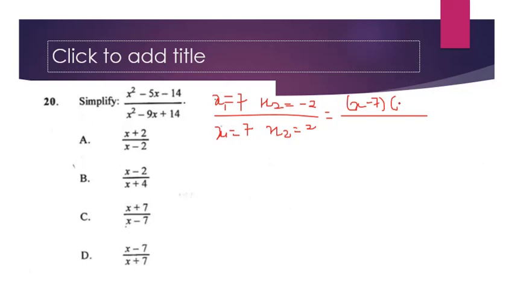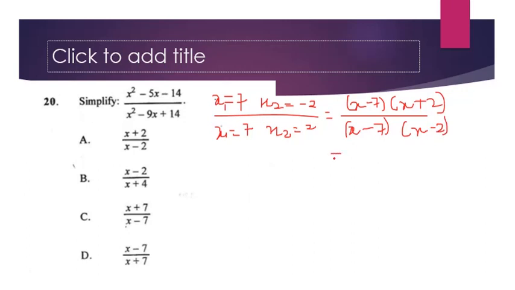When you move minus 2 across the operation sign, you have positive 2. Now let's do the same for the denominator. This is 7, so when you move it you have minus 7, and then x2, which is positive 2, so when you move that you also end up with negative 2.